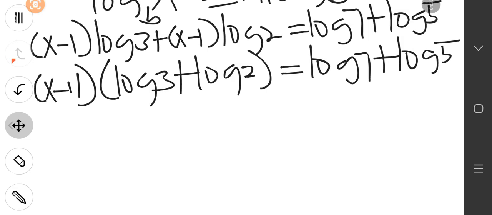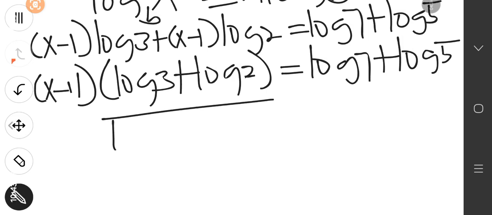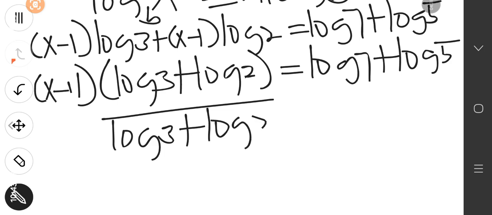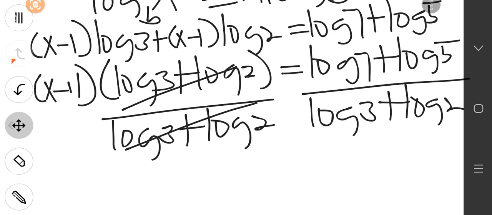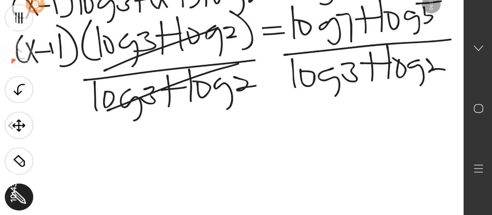All right, now let's divide both sides of the equation by log 3 plus log 2. So we do the same thing here, log 3 plus log 2. So this cancels this. So now we have x - 1, okay?